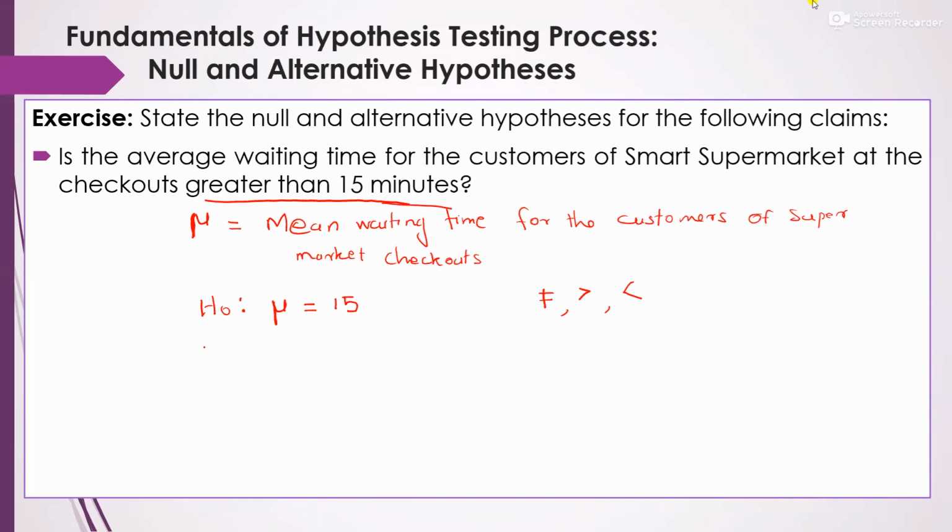So our alternative hypothesis H1 is mu greater than 15. Now you ask, how? It is very simple, right? We already learned that the null hypothesis must have an equal sign.